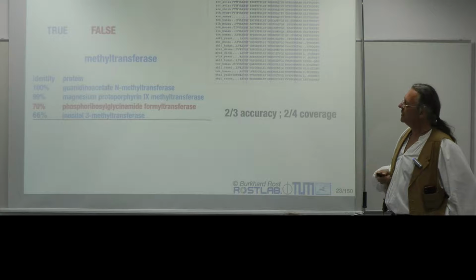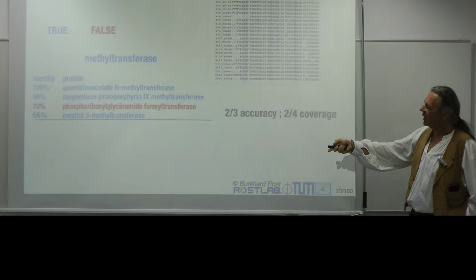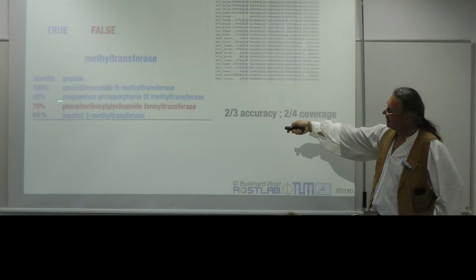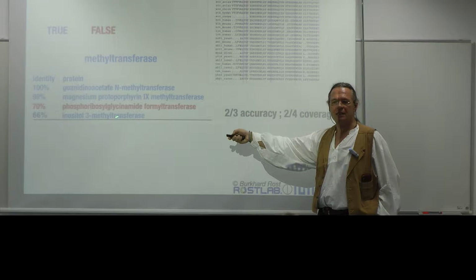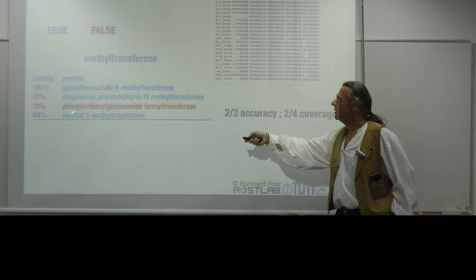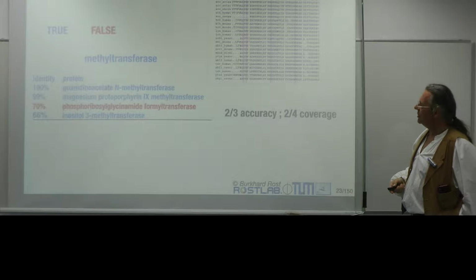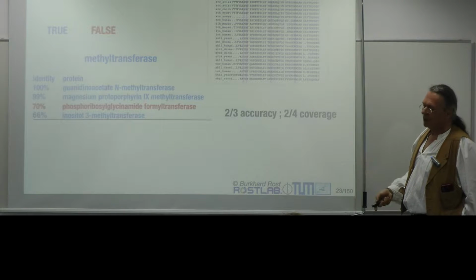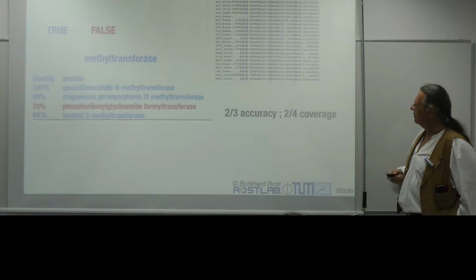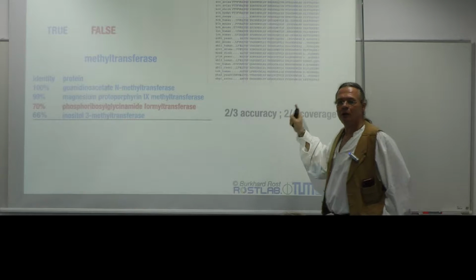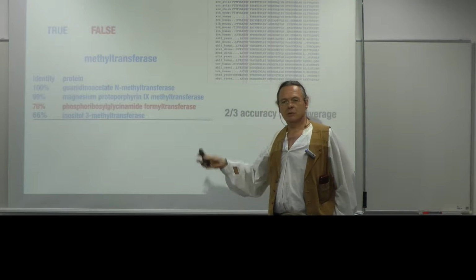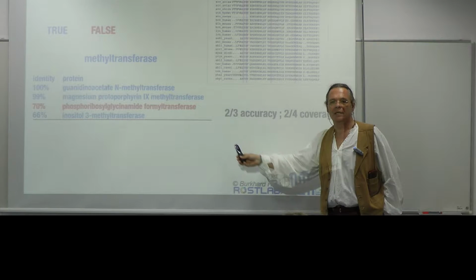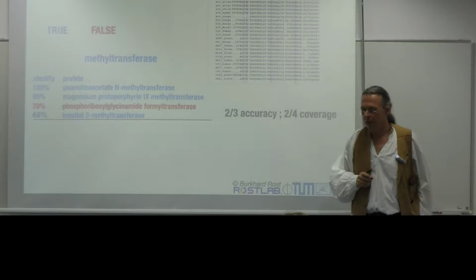It's not a methyltransferase. I get further down, so there's something below the 70 that still is a methyltransferase. So there are outliers here, and if I stopped here, then what I essentially would get is 2 out of 3 right, and 2 out of 4 that I could have. Sometimes this is referred to as precision, and this is referred to as recall.